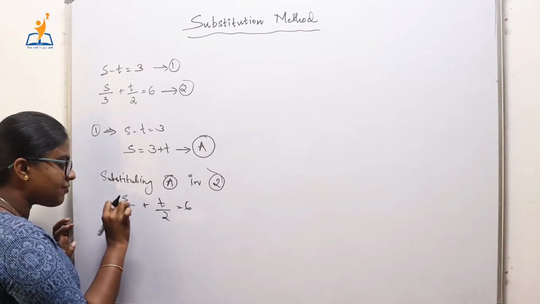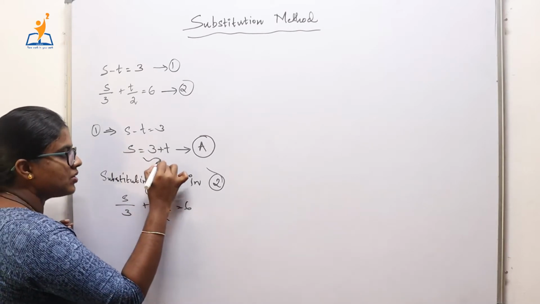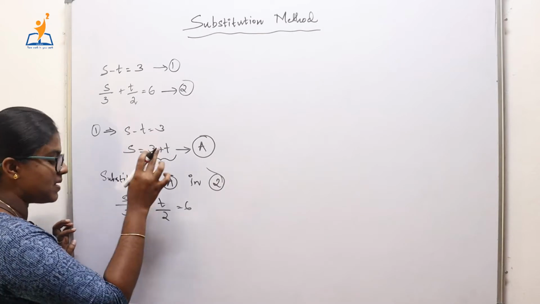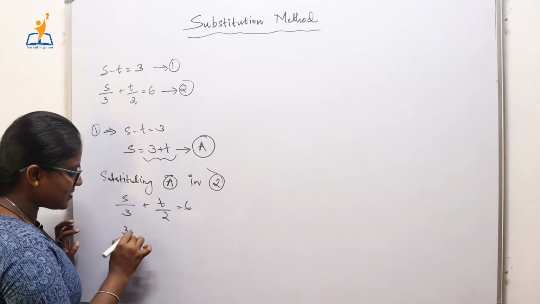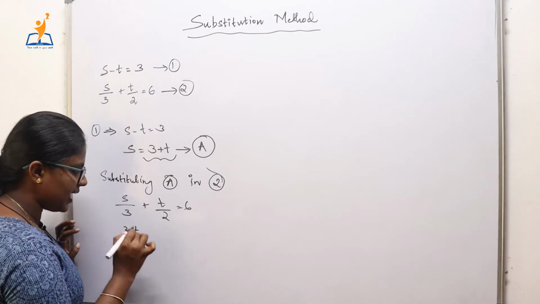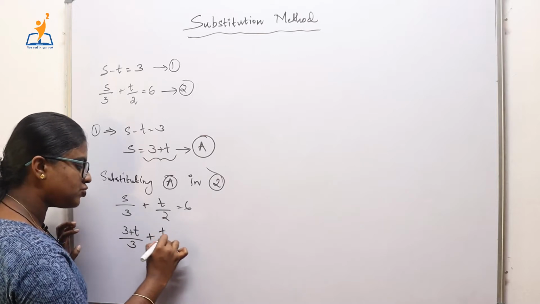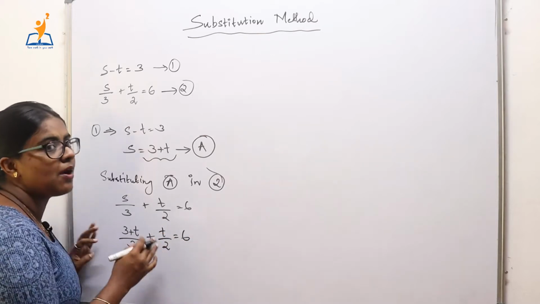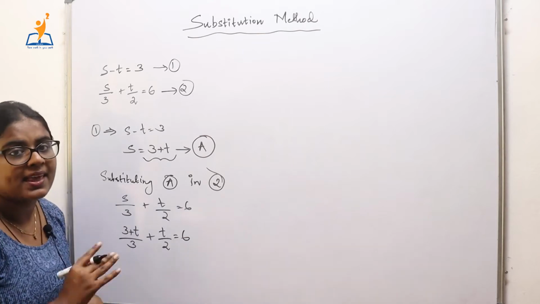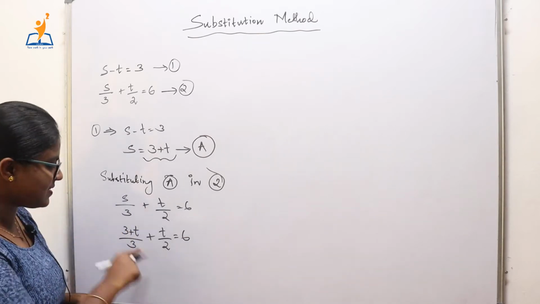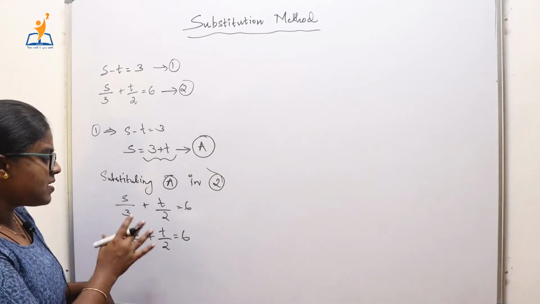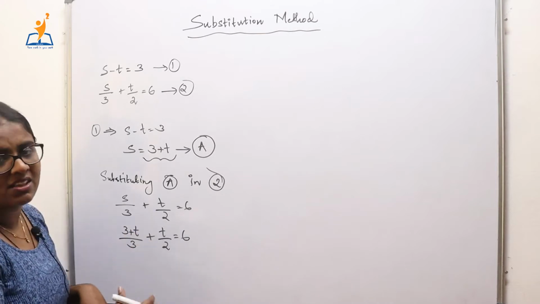Now instead of s, we are going to substitute 3 plus t. That is (3 plus t) divided by 3, plus t by 2, is again 6. Now the equation has become an equation in one variable, that is t. Now it's easy for us to simplify this equation and find the value of t.